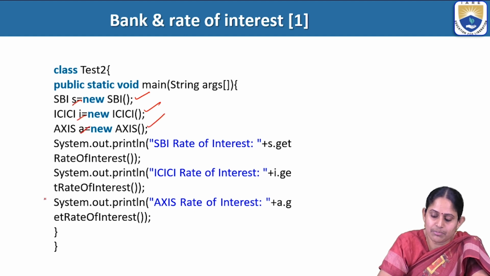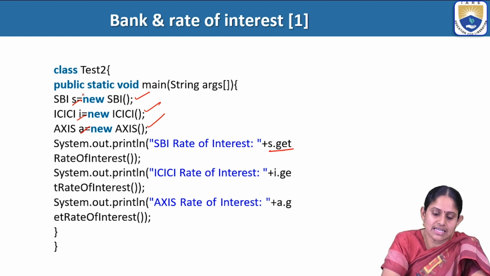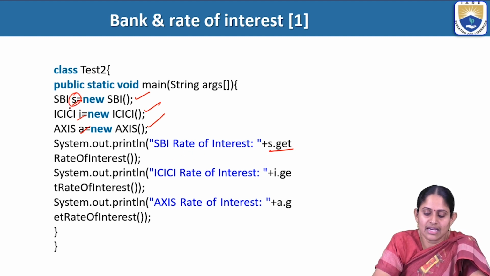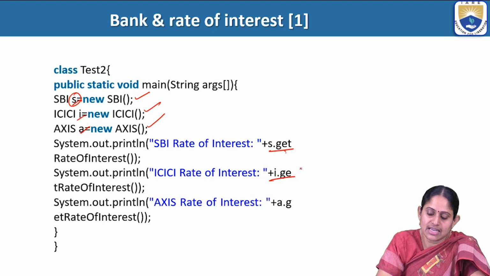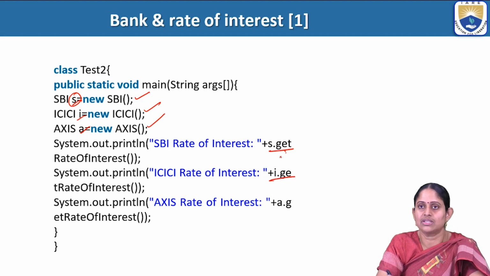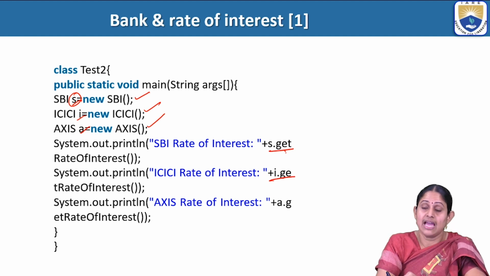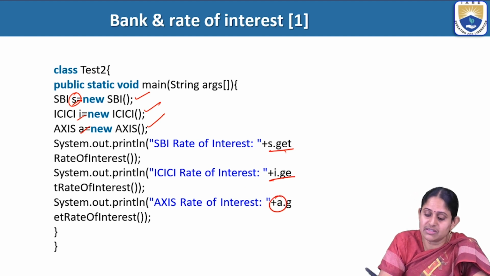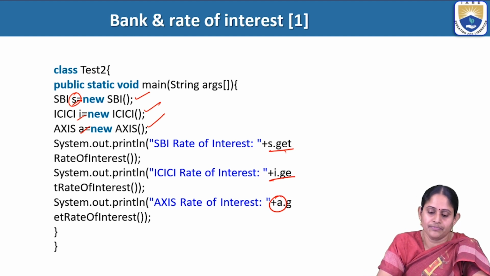So s.getRateOfInterest will invoke the SBA's method, since s is the SBA's object. In the second case it is the ICICI rate of interest, so it will invoke the method of the ICICI class, and the Axis bank's object a will invoke the Axis bank's getRateOfInterest method.